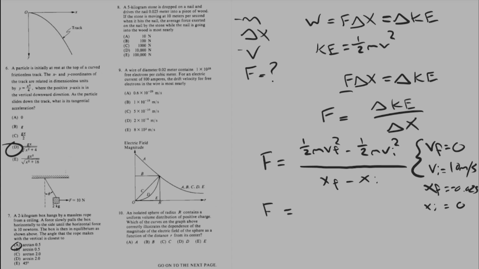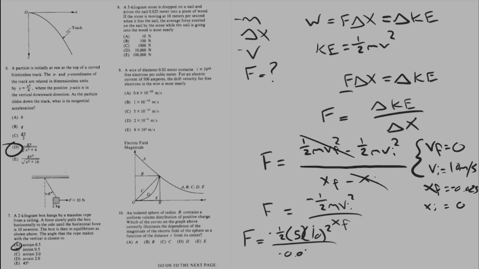So given those things, that's going to cancel out, and then that's going to cancel out. So I'm left with minus 1/2 m v_i squared over x final, which is going to be equal to, just make it all happen on this line, minus 1/2 times 5 kilograms times 10 meters per second squared, over minus 0.025.